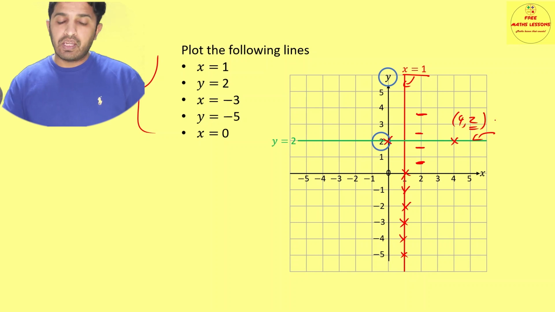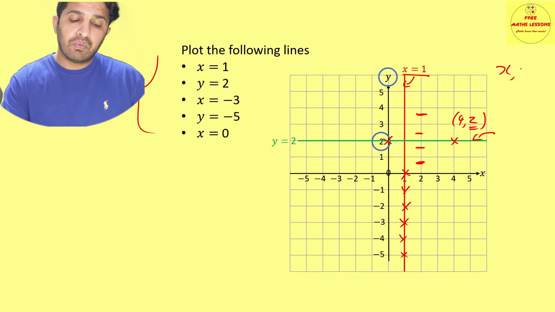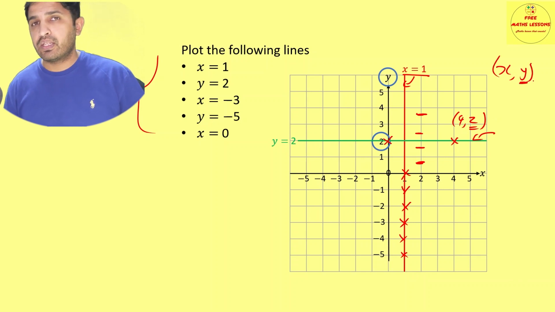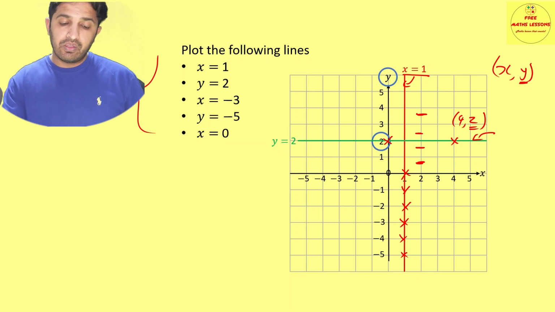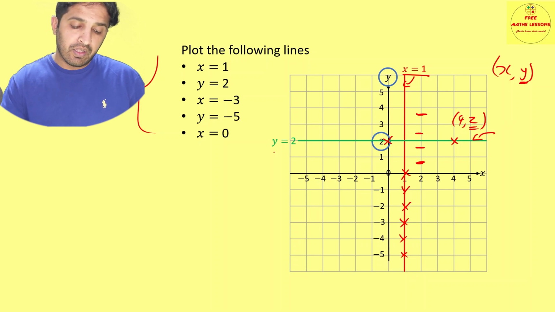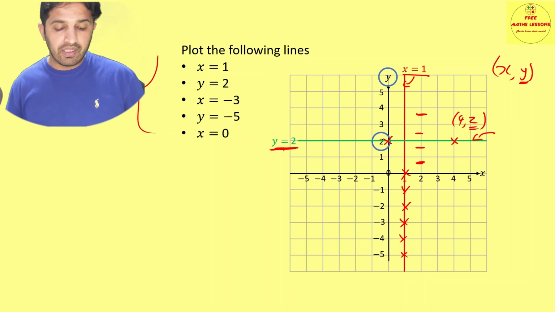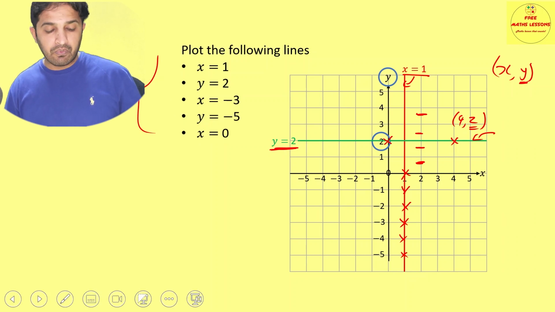When you write the coordinates, you always write the x and then the y. The second value in the coordinate is your y value. So on the green line, every single point has a y coordinate of 2. Therefore, that line is known as y equal to 2. For the same reasoning, I can work out where x equal to -3 is going to be.